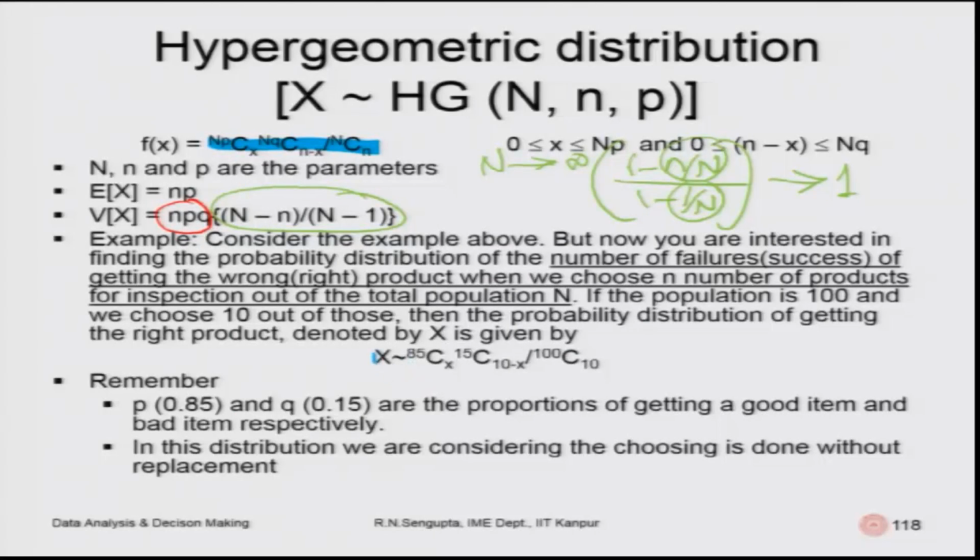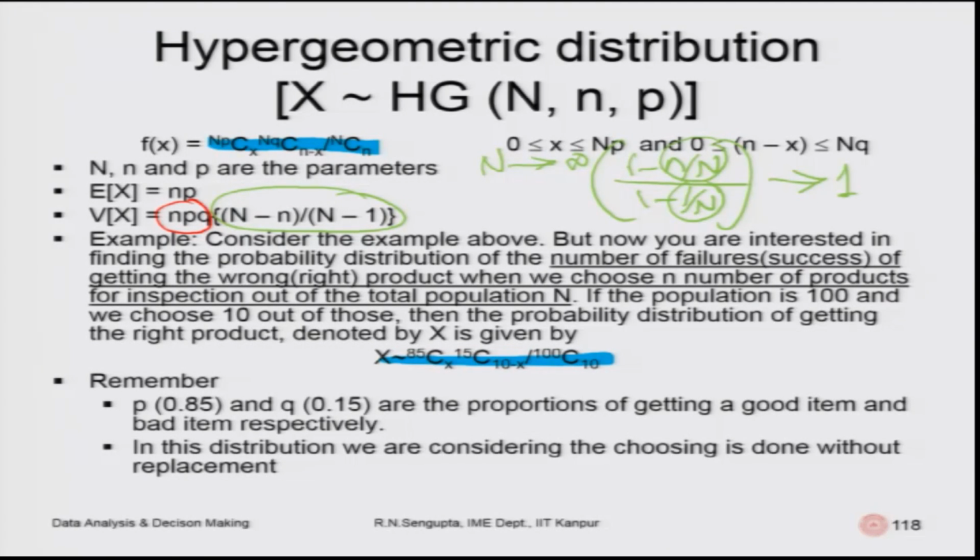So, the probability mass function in this case becomes, if you are picking up 10 observations out of the total, and the successes and non-successes are given, you can find the corresponding PMF as 85 C x, where 85 is N into p, and 15 C 10 minus x, where 15 is N into q and small n is 10, divided by 100 C 10, where capital N is 100 and small n is 10.